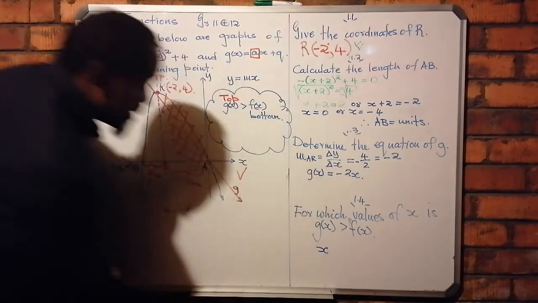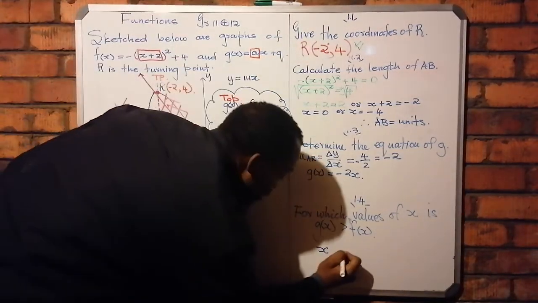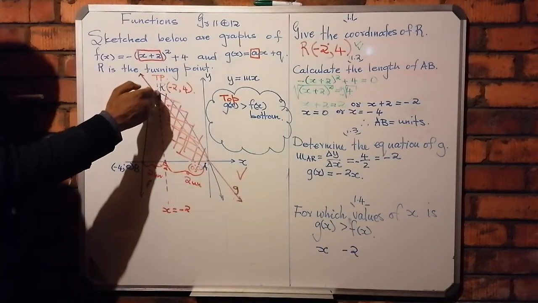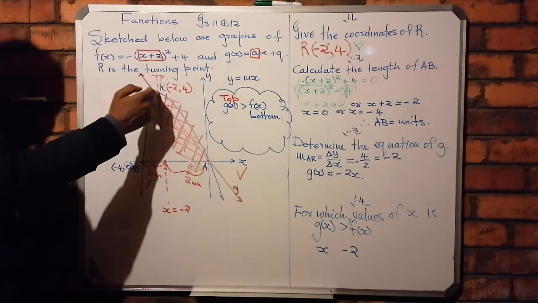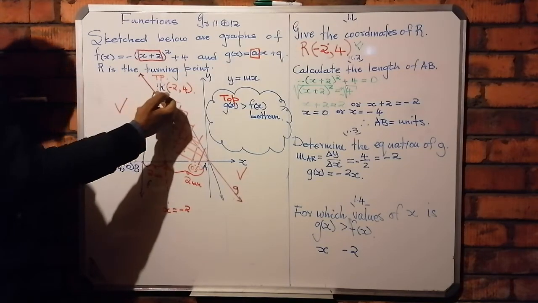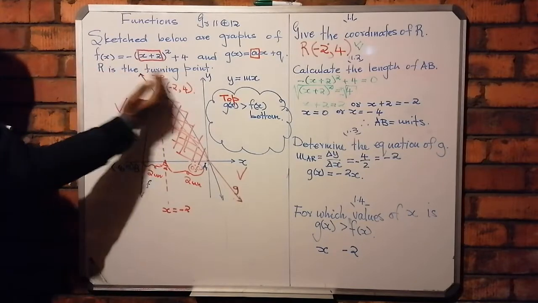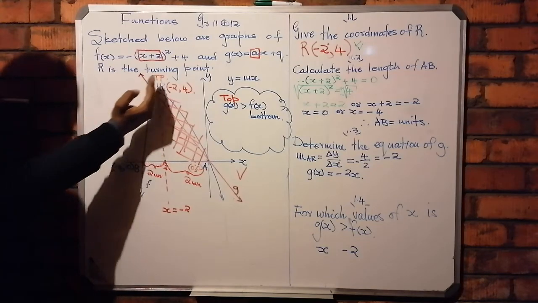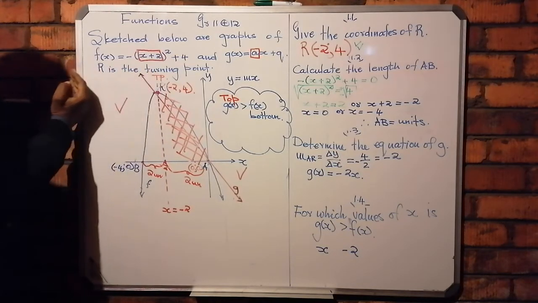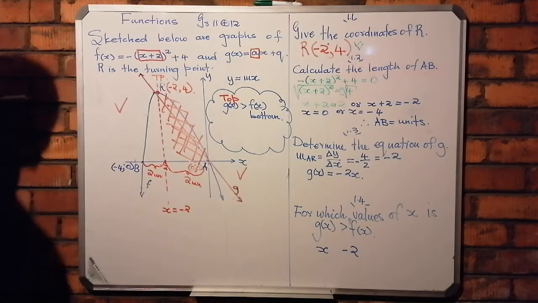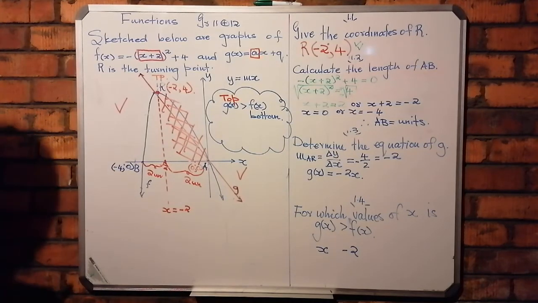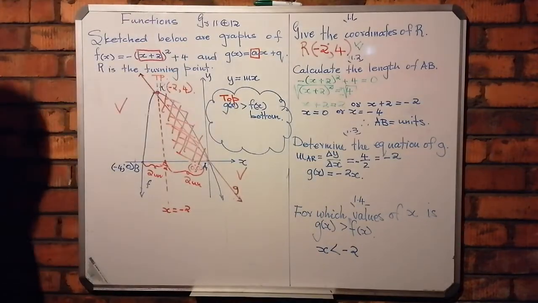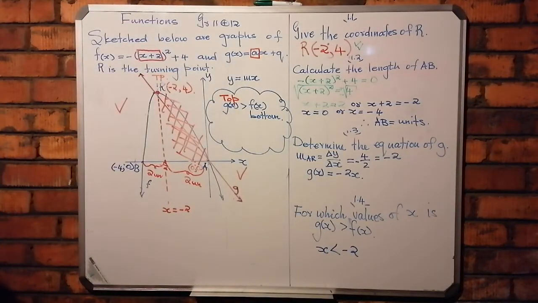When x, I'm gonna talk about minus 2 now, because I started from minus 2. Remember, I said where they are equal. When x goes this side of minus 2, and mathematically speaking, all the numbers that are on the left-hand side of minus 2, they are smaller than minus 2. That is why I'm gonna say x must be smaller than minus 2.